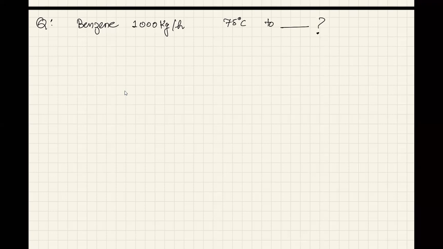We were using a 25-meter long double pipe heat exchanger with, say, counter flow, and we were using water to cool it.